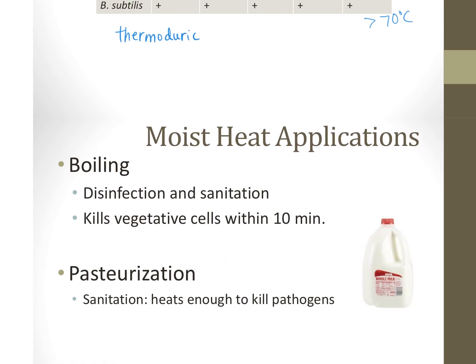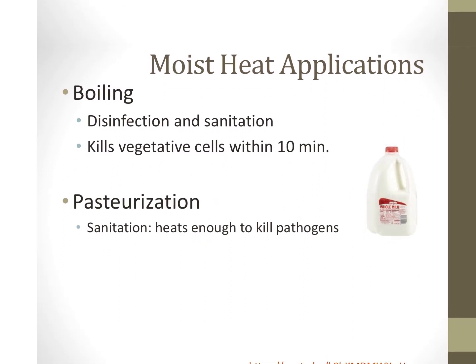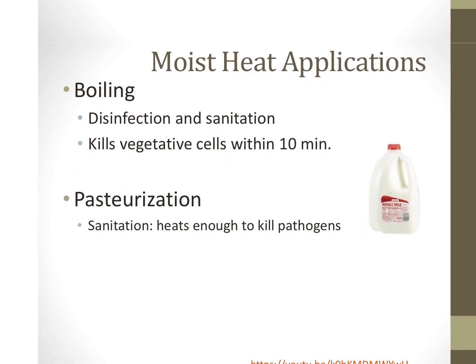All right, so let me just start by talking about moist heat applications just a little bit here. Usually we're going to use some kind of moist heat if possible, because moist heat is just going to penetrate much more quickly, so we don't have to use as high temperatures, and it just is a little bit faster.